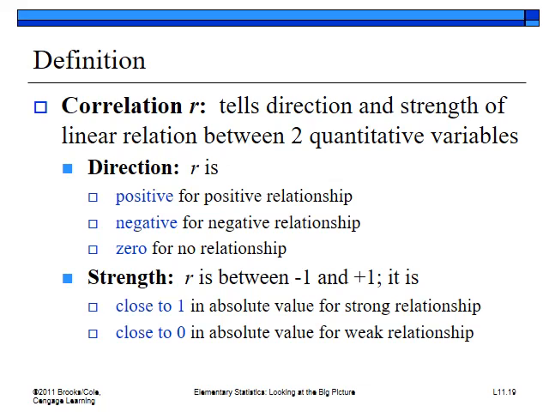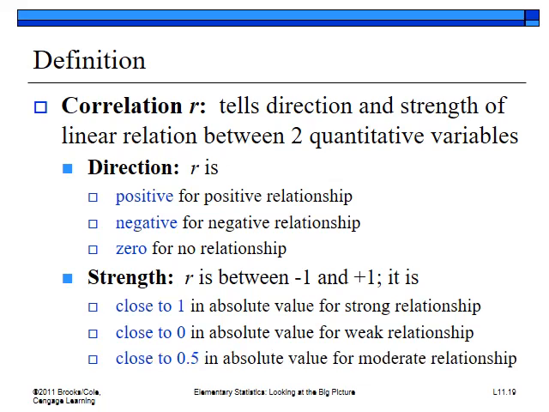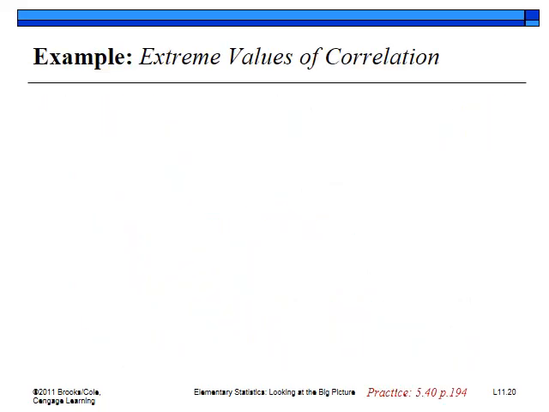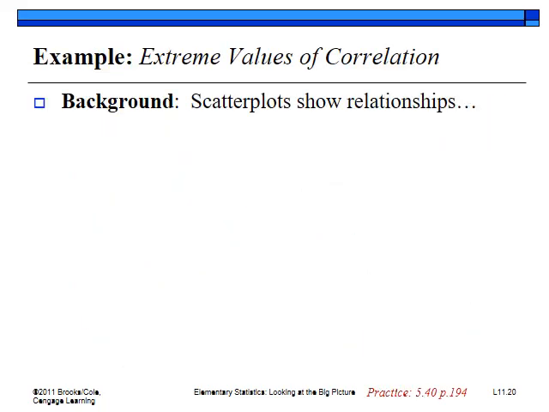If R is close to 0, then the relationship is weak. And if R is somewhere in the middle, we might say that the relationship is moderate. Let's consider some examples.